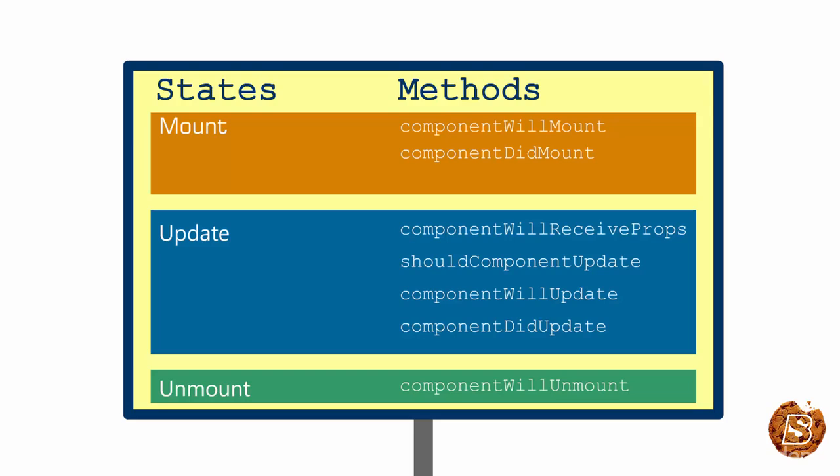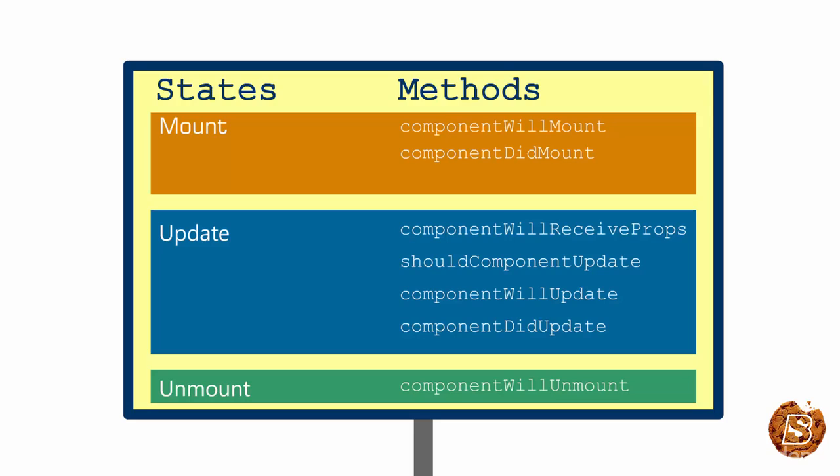The next one is componentDidMount. Now this one is invoked once only on the client, not on the server, immediately after the initial rendering occurs. At this point in the lifecycle, the component has a DOM representation which you can access via the React.findDOMNode method.